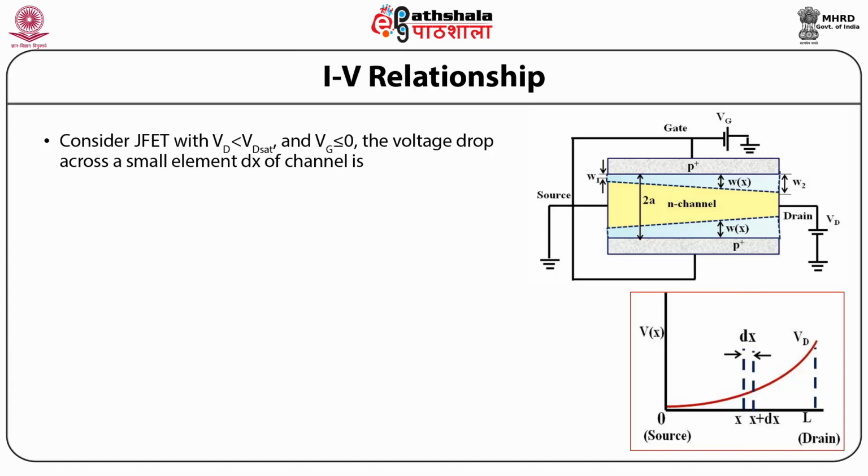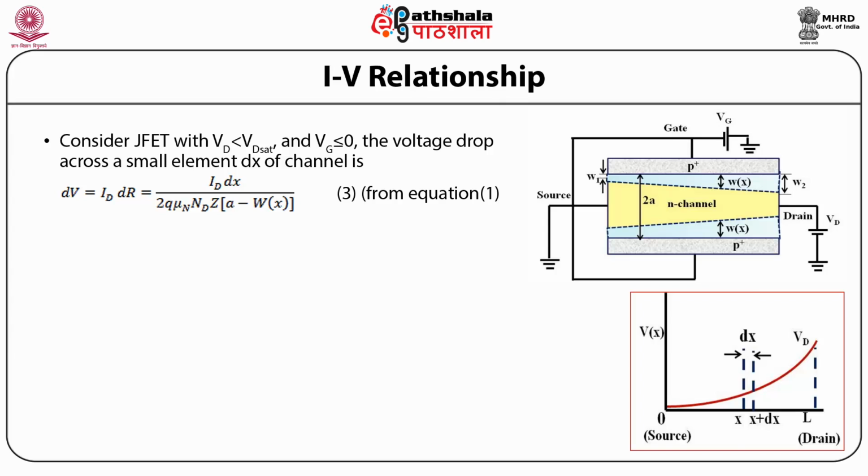So the voltage drop across a small element dx of the channel, as shown in this figure, is dV equal to ID multiplied by dR, equal to ID dx divided by 2q mu n multiplied by nd multiplied by z multiplied by a minus w as a function of x.